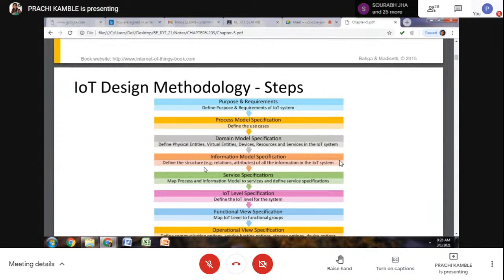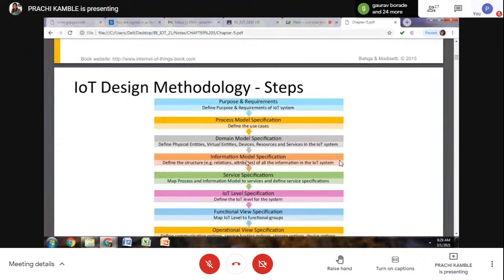Under domain model specification, we are going to study physical entities, virtual entities, different types of devices, resources, and services in the IoT system. Under that, we are going to study all the components, that is hardware and software platform.